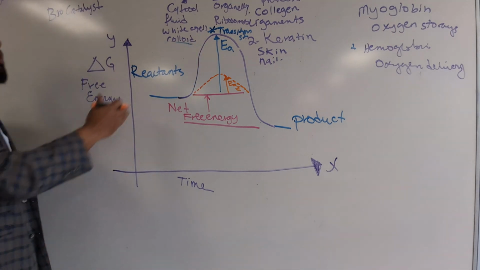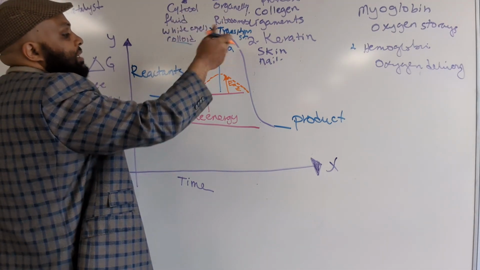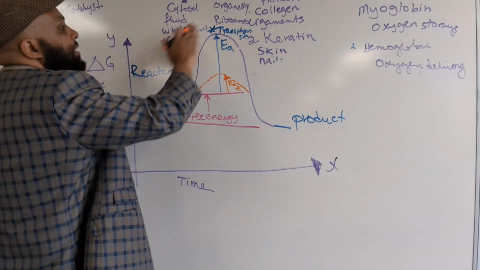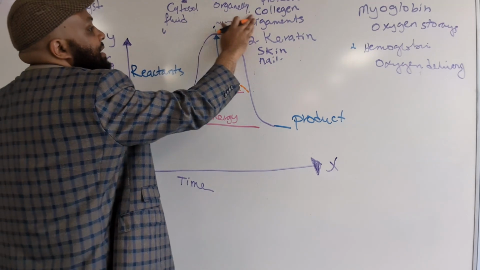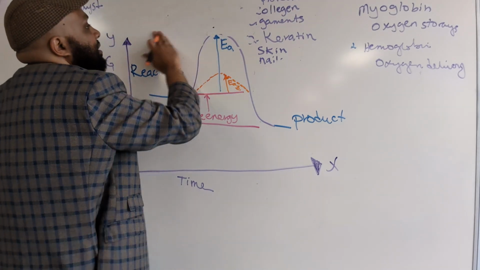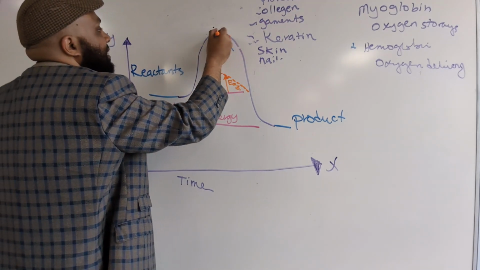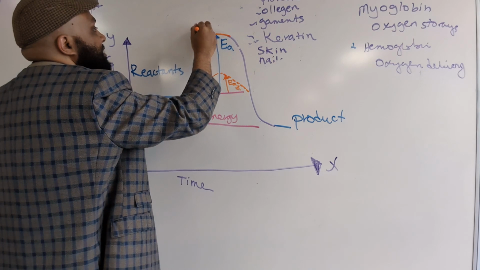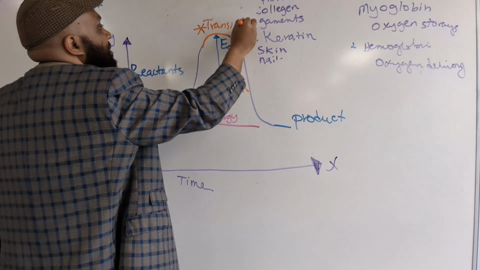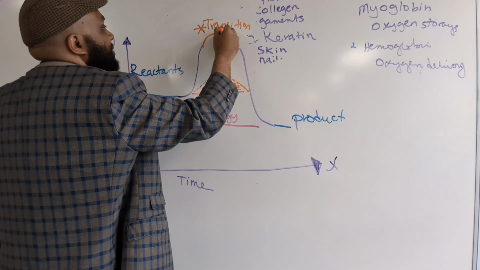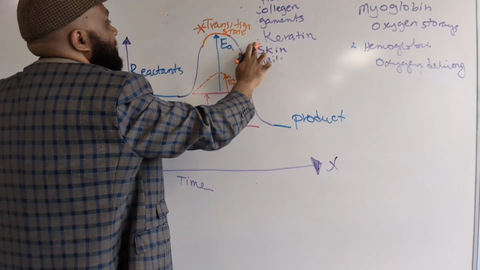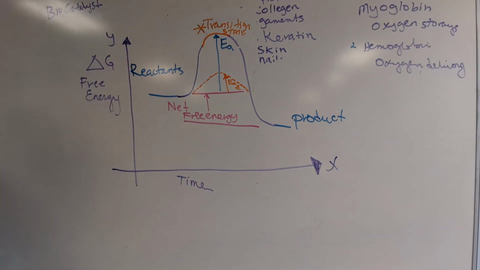We no longer have to go up through a mountain. We just have to go up through this hill. The top point here is known as the transition state.